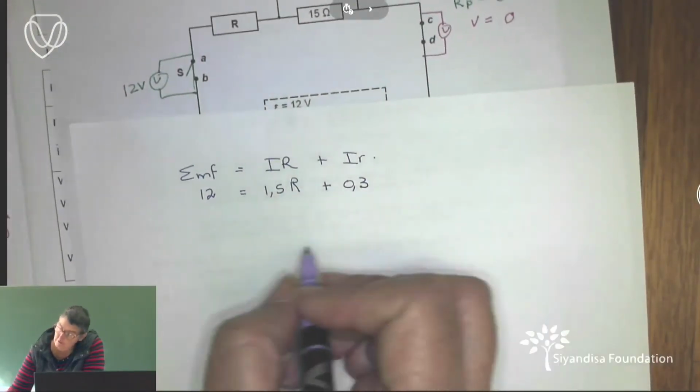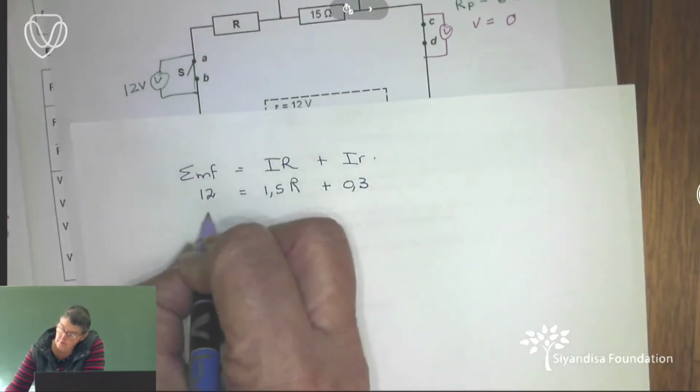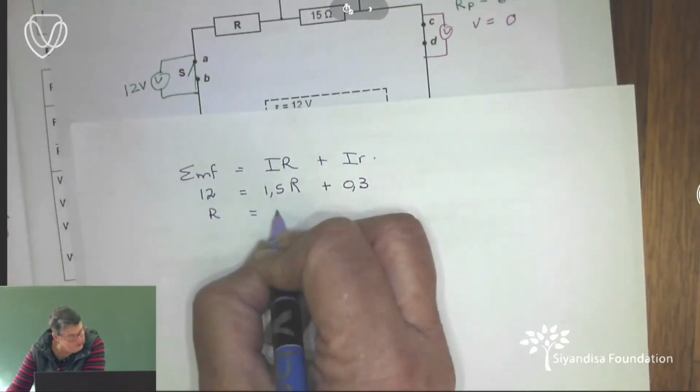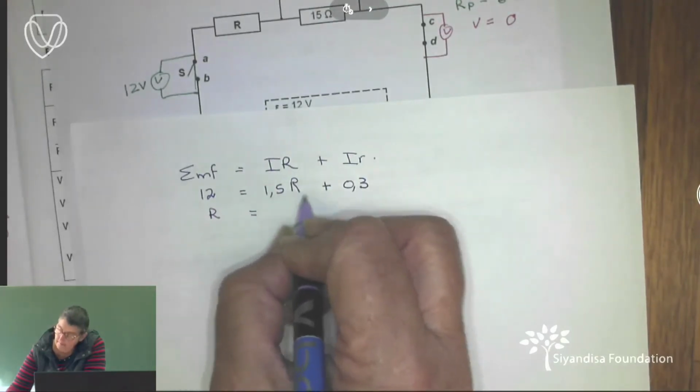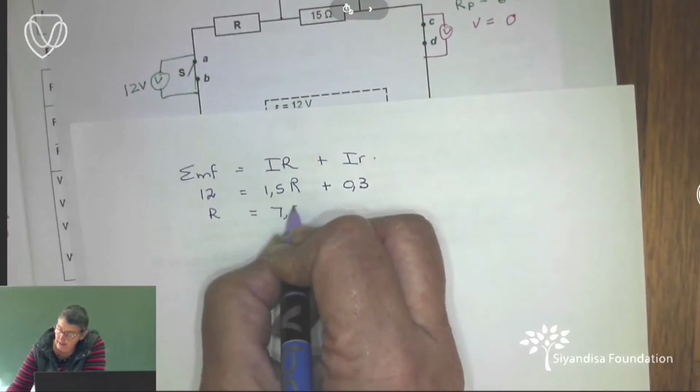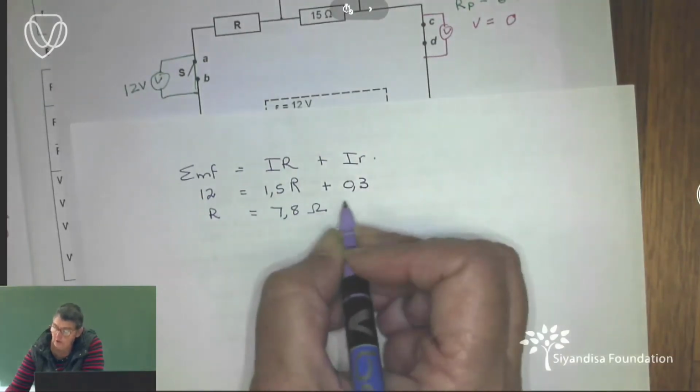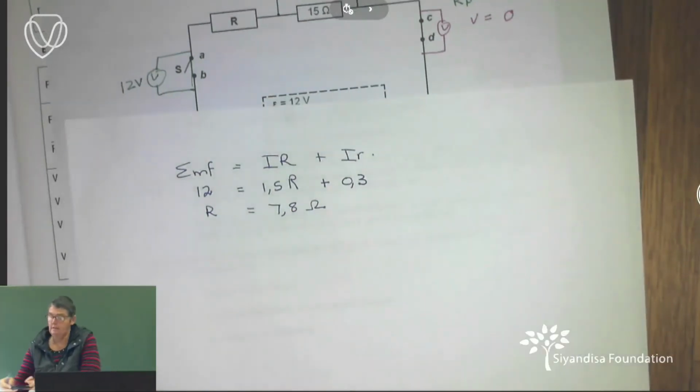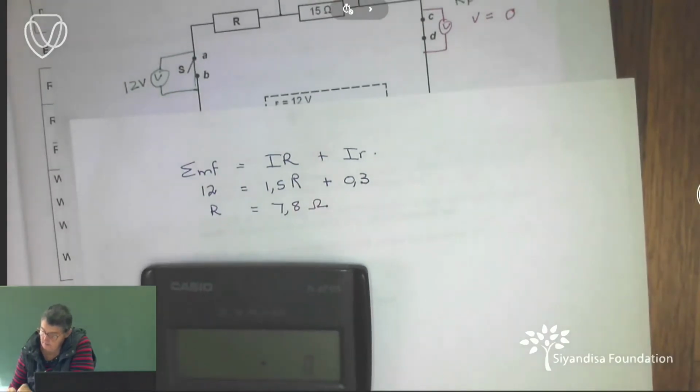Right, so what happens over here now is I solve for R, and I should get that R is equal to 7,8 ohms. Right, let's just double check that. That's going to be 12.